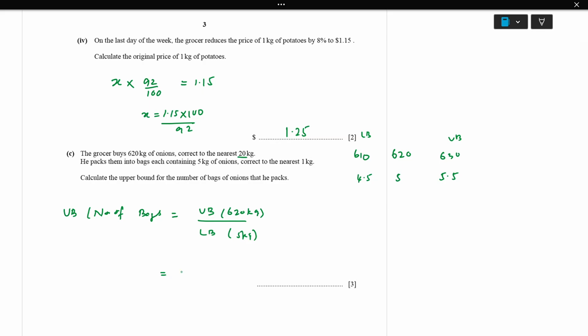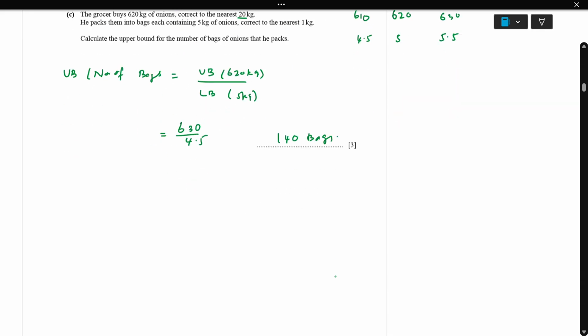So the upper bound is 630 over 4.5. The answer is going to be 140 bags. Okay, let's go to the next question.